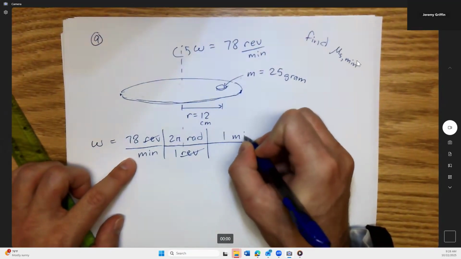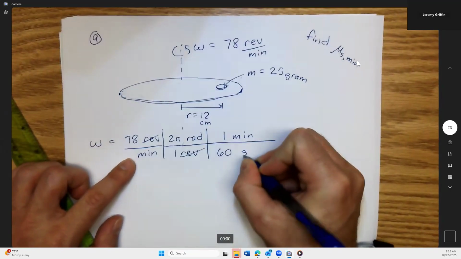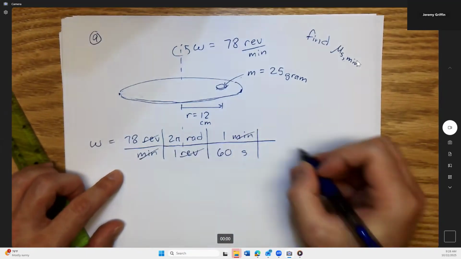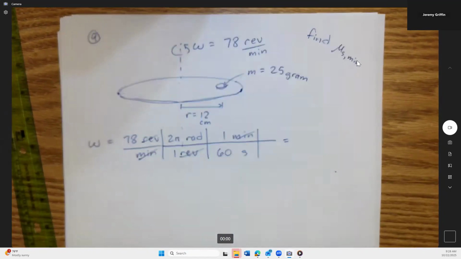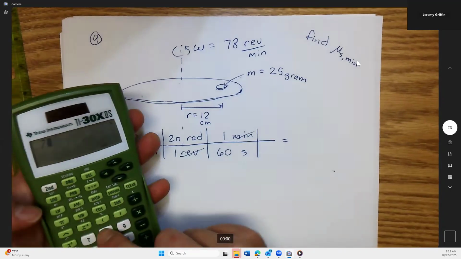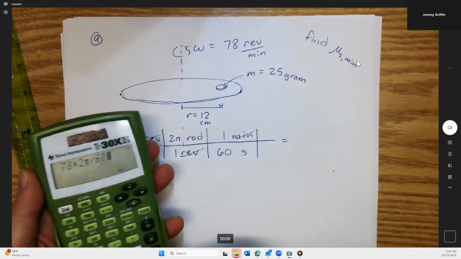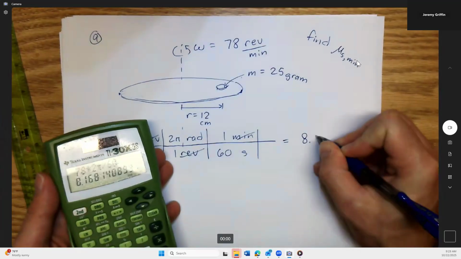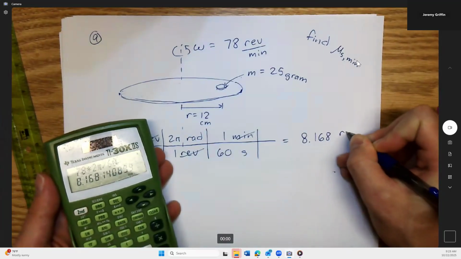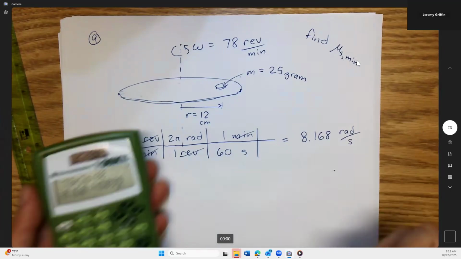So 1 minute is 60 seconds. 78 times 2 pi over 60. That's 8.168.